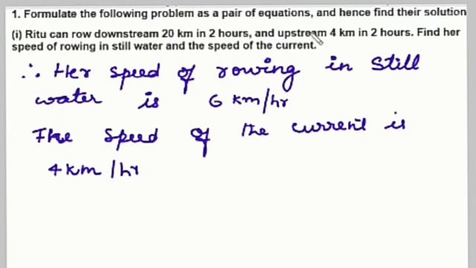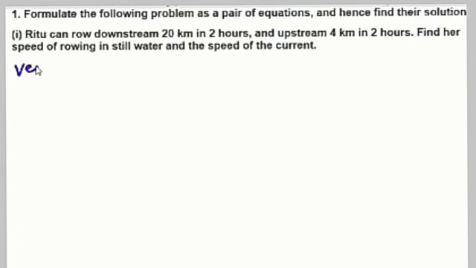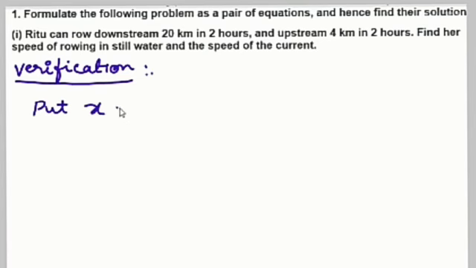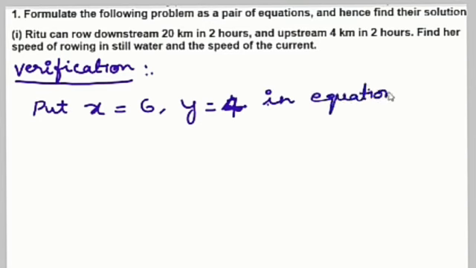So for verification, I'll write like this, verification. Put x is equal to 6, y is equal to 4 in equations 1 and 2. I'll draw a line like this.